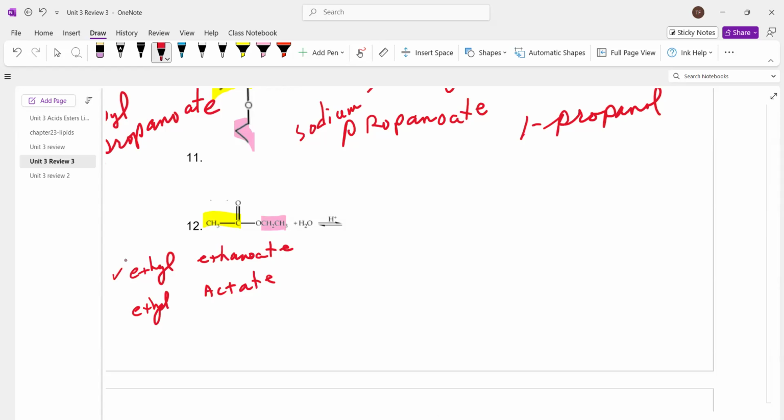Okay, so in an acidic environment, we're going to hydrolyze that. So we have the acid, which is a 2-carbon acid, and in an acidic environment, it's going to be protonated.